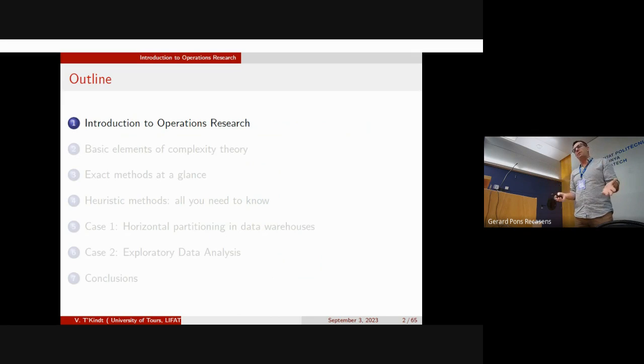There will be a lot of examples. And then in the second part, we'll switch to two applications in databases. The first one is about optimization in horizontal partitioning problems in data warehouses. And the second problem is about exploratory data analysis. Just two simple problems so that you can see how these two topics can interrelate.